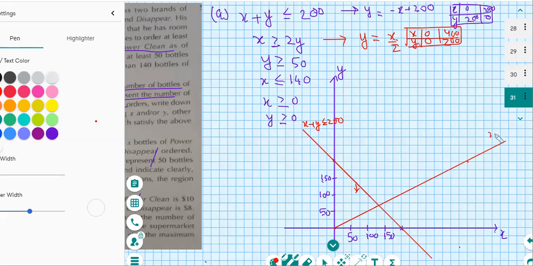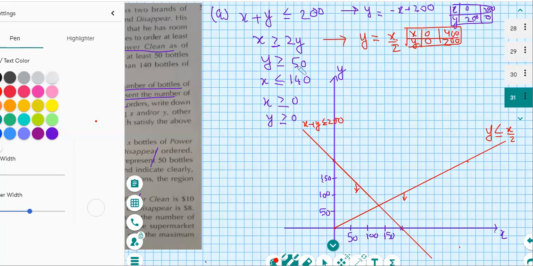X is greater than, or we can also write it as y is less than or equal to x by 2. So it means again the region should be below this line.